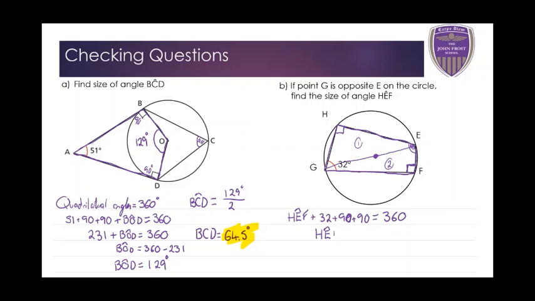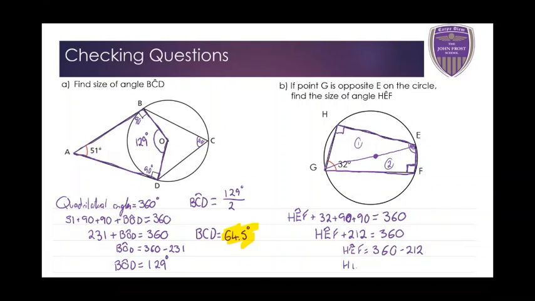HEF plus 90 plus 90, 180, plus 32, 212, equals 360. If we take that over, HEF is equal to 360 minus 212.